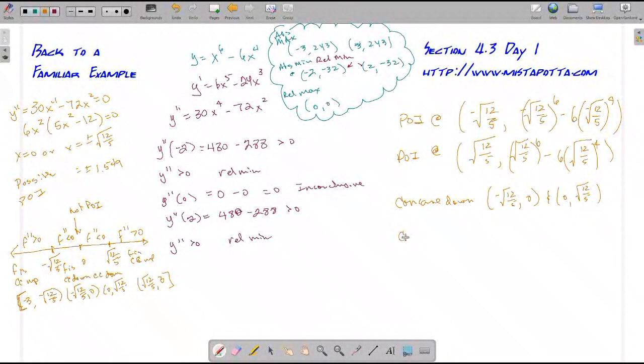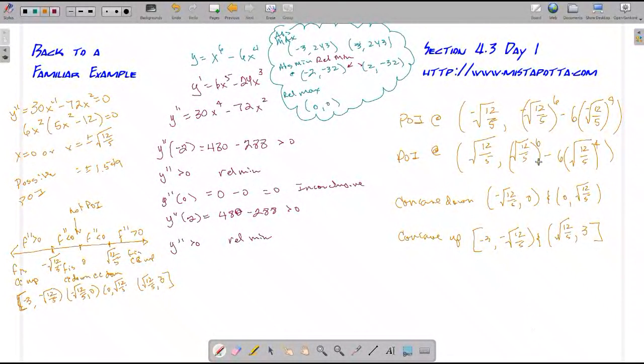And I know that I'm concave up from closed bracket negative 3 to negative root 12/5, and from root 12/5 to positive 3.